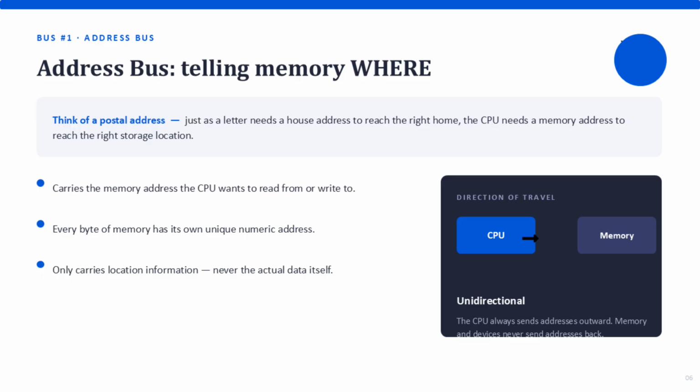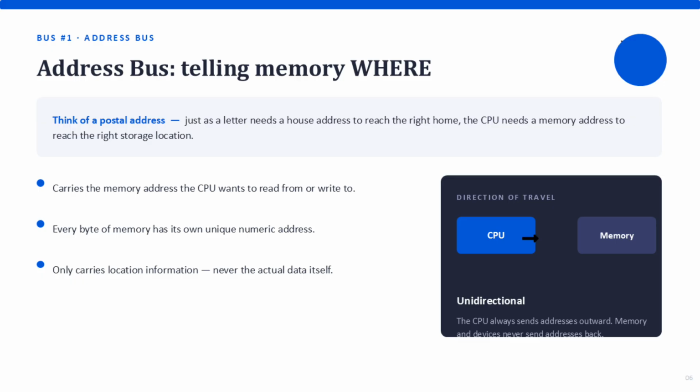That means information flows in only one direction. The CPU sends addresses outwards to memory or input-output devices. Memory never sends an address back to the CPU. Why? Because the CPU is always the component that initiates communication. It decides which memory location should be accessed, and memory simply responds to the request.